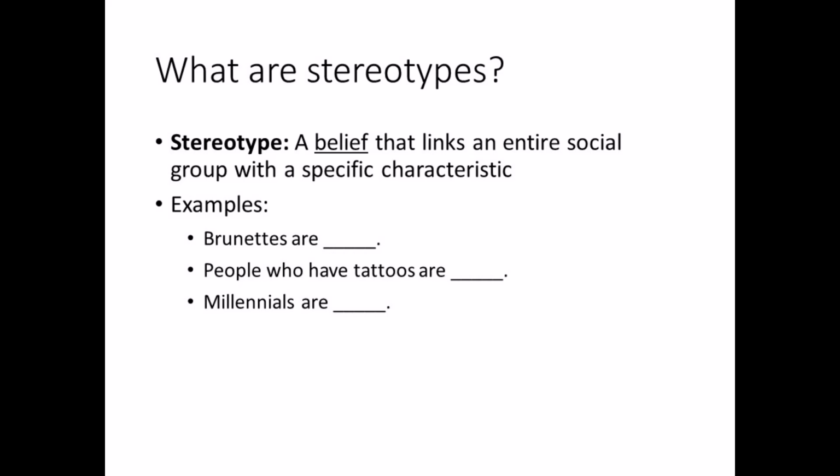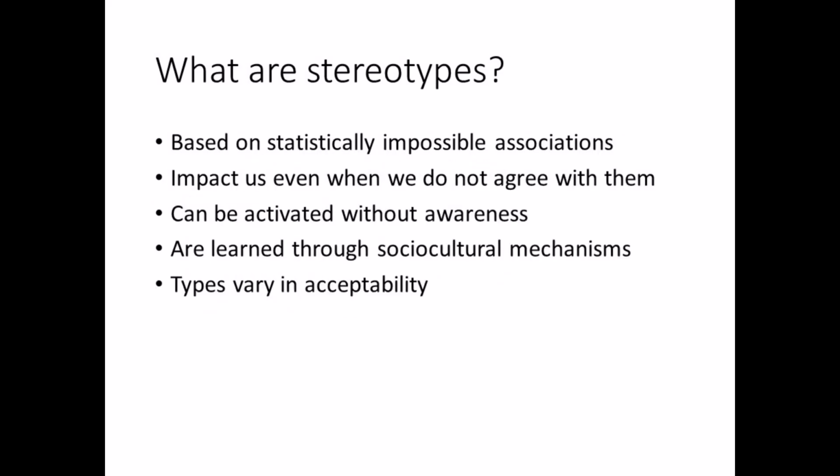That's because we belong to different groups and have unique life experiences, both of which shape the stereotypes we hold. Are stereotypes true? No, because there will always be exceptions to the rule. Are some people stereotype congruent? Yes, but we shouldn't expect everyone to have a certain quality just because they belong to a certain social group. The problem is, stereotypes impact us even when we don't agree with them, and they can be activated without our awareness.